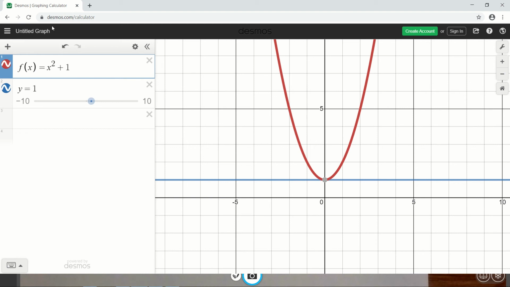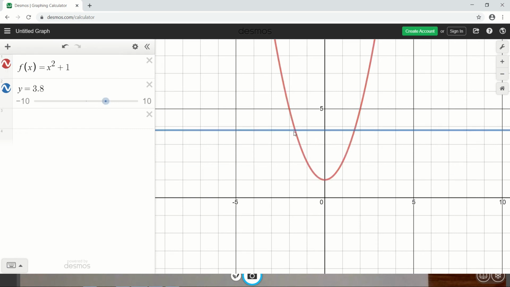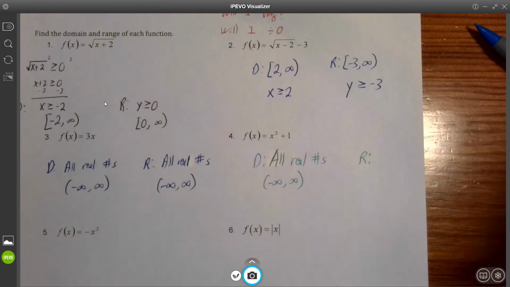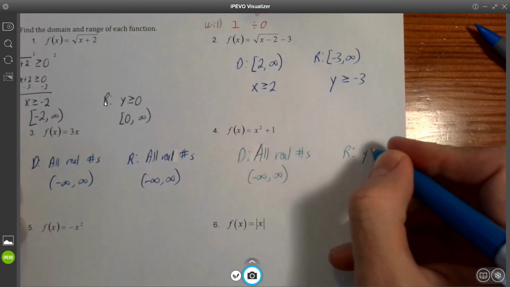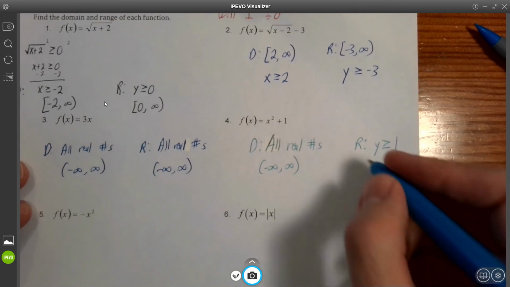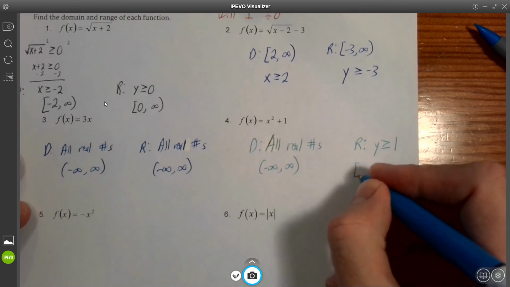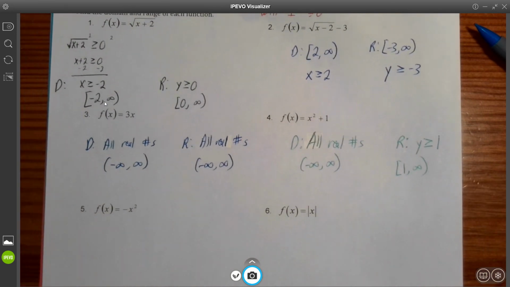And when I move it higher, fine, I've touched the graph. So those outputs greater than or equal to 1 are valid. So all y values greater than or equal to 1 work, and I'm looking at the y-axis when I say that. My interval notation would be from 1 to infinity. So Desmos is a really good way to help you visualize those things.